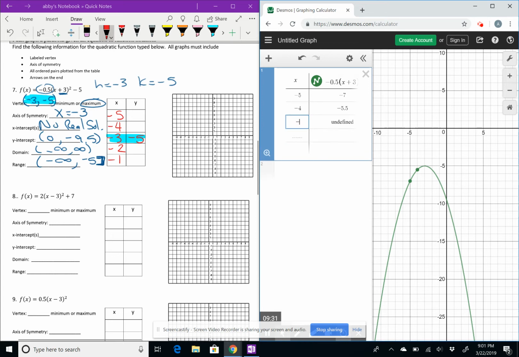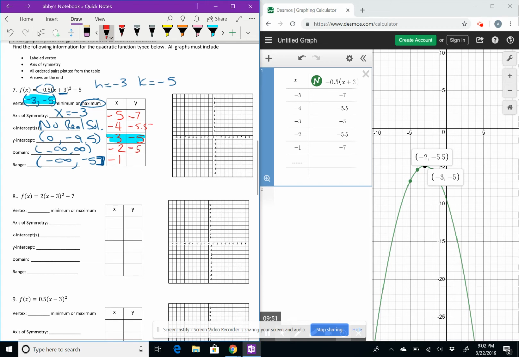So I typed it twice. So then we have negative 2 and then negative 1. So you just created a table, if you look, that's symmetrical. So there's 5 points. So then we have negative 7, negative 5.5, negative 5.5 again.